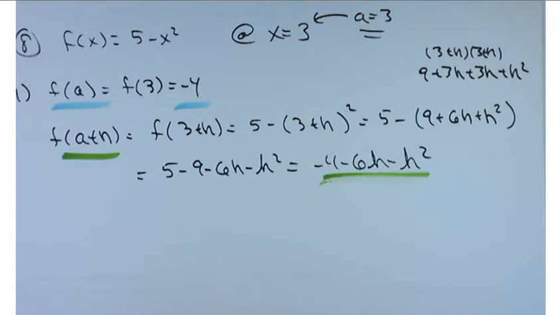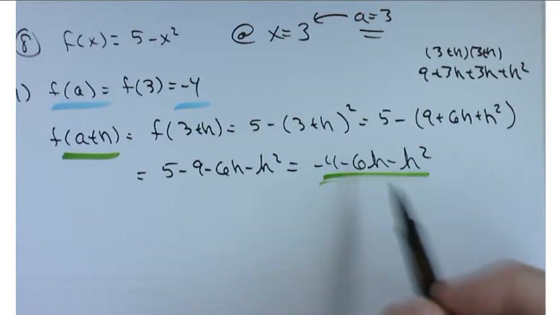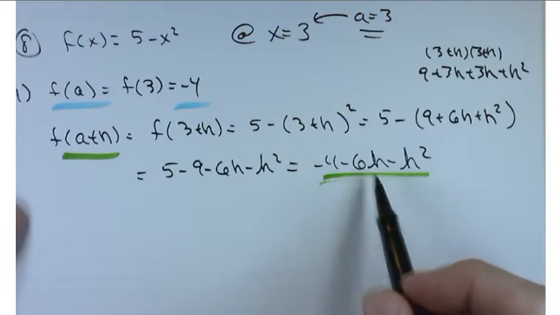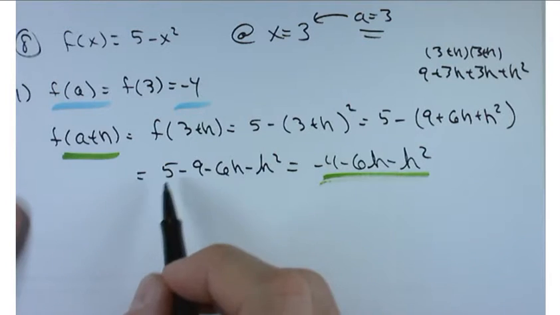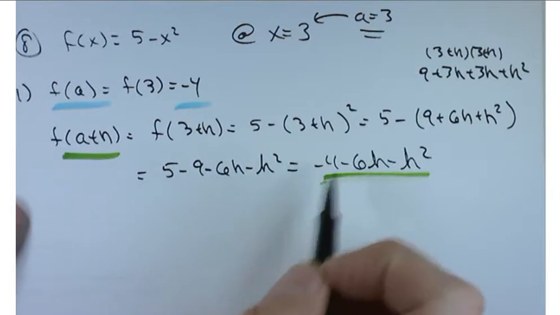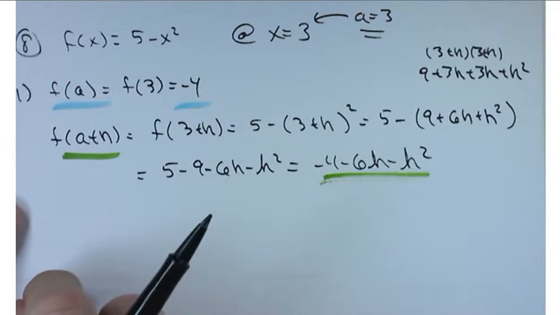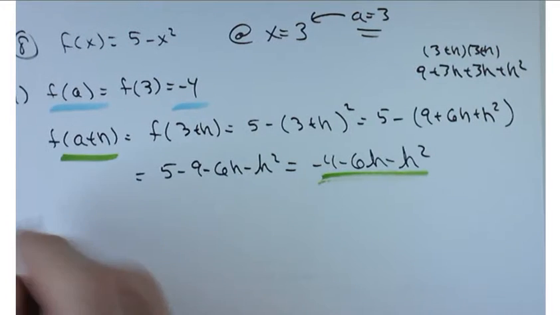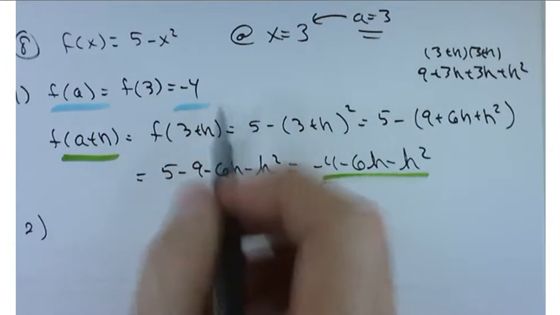We're finally done with the first step. This part, I just combined the like terms. 5 minus 9 is -4. No. Good question. What we're going to do in the next step is subtract these two.